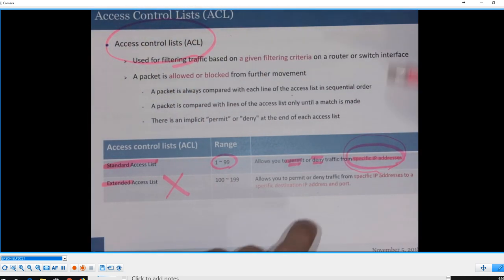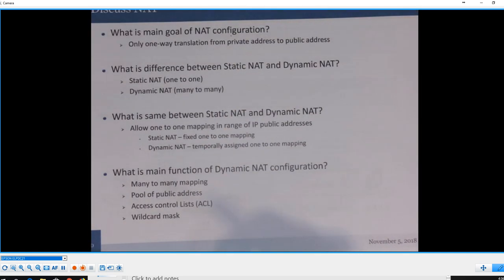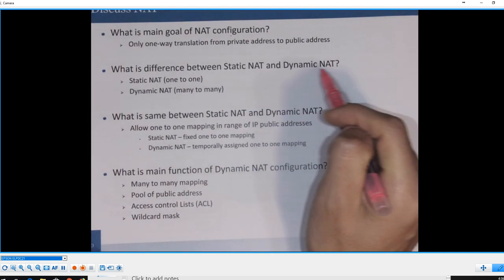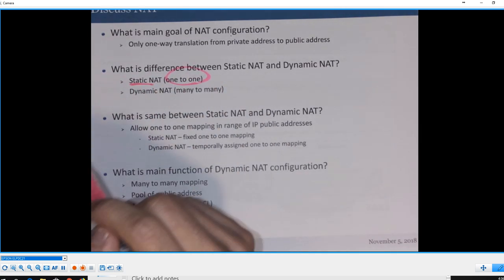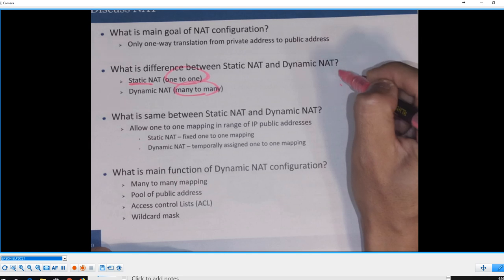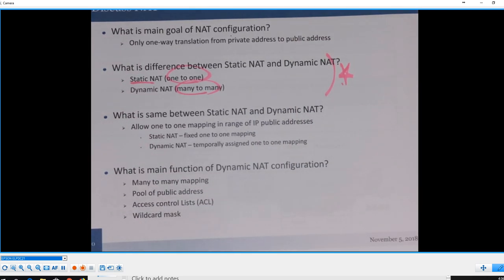Okay, next. So basically, just like I said, the main difference between the static and dynamic is that static is what? One-to-one, and dynamic is many-to-many. I think that this is probably the most important difference, right?